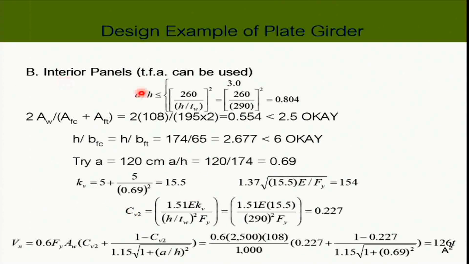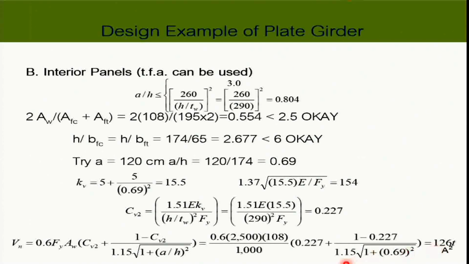But here, after the design, this is the interior panel with tension field action. I can try this size. I can calculate Cv2, and then I can use this formula to calculate the tension field action with that extra term, which brings the shear strength up to 126 tons.